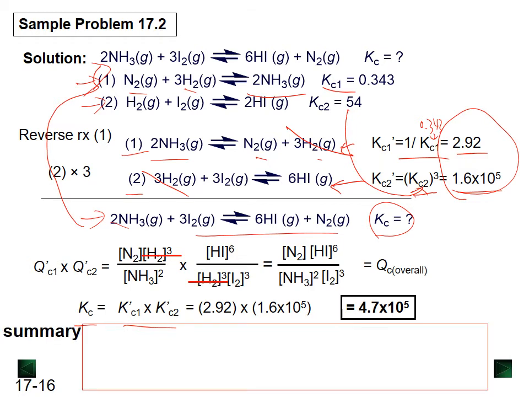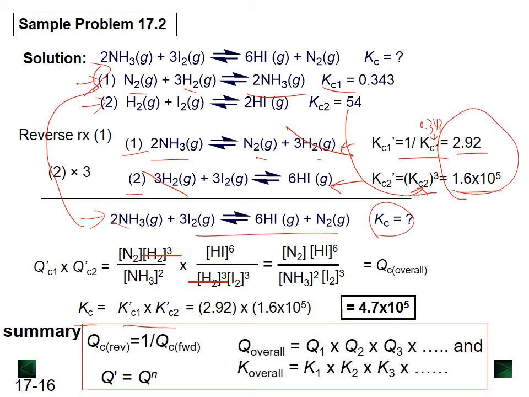So to do this question, we need to know that if we reverse a reaction, the equilibrium or reaction quotient should be 1 divided by the original reaction quotient. Same for equilibrium constant. And if we multiply a common number on both sides of a reaction, the new reaction quotient or equilibrium constant is the original one raised to the nth power.